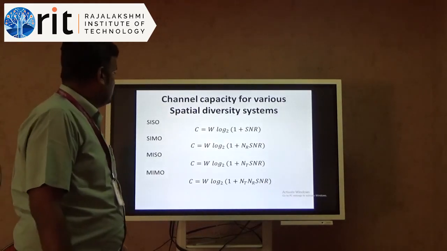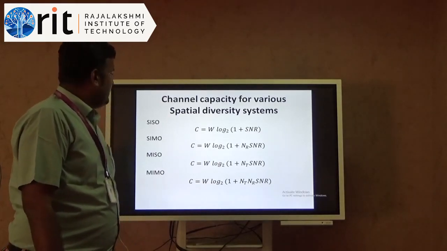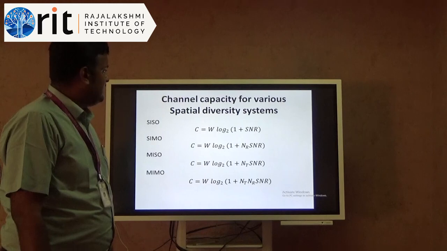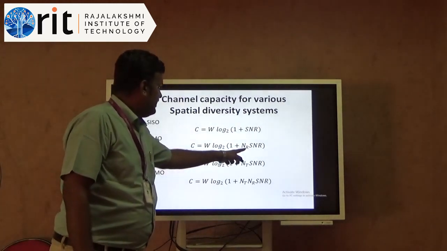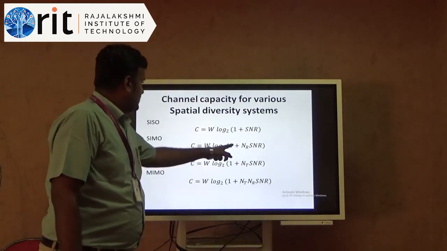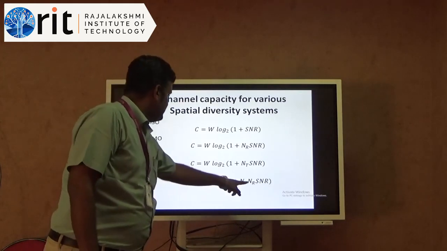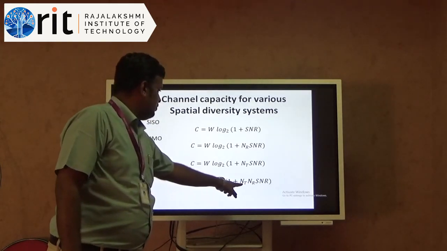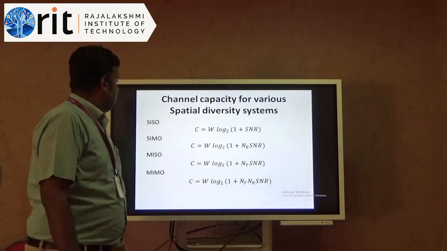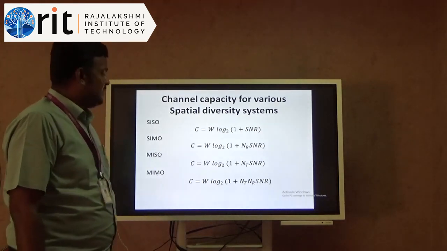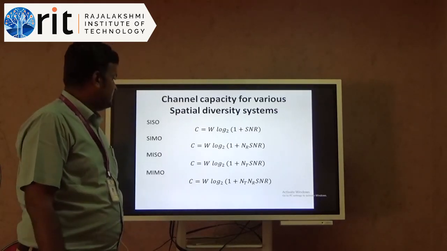In case of SIMO, the channel capacity C is equal to W log(1 + NR × SNR), where we have only one transmitting antenna and NR receiving antennas, so the factor is 1 here. If you consider this as a general case and substitute NT equal to 1, you get the SIMO model. The third case is MISO, for which the channel capacity depends upon the number of transmitting antennas alone, not the receiving antennas.